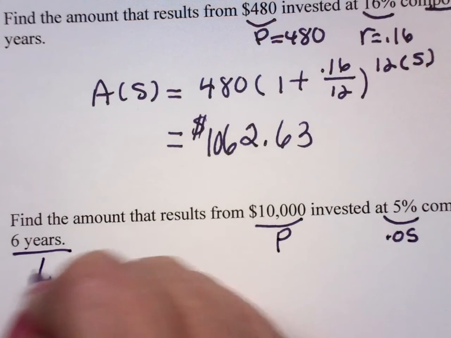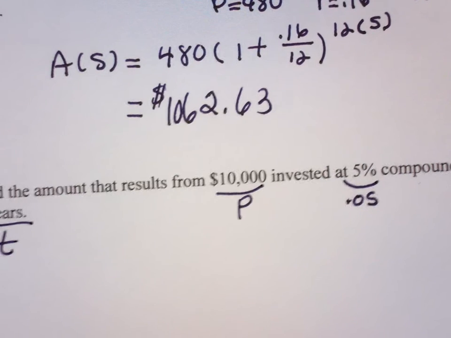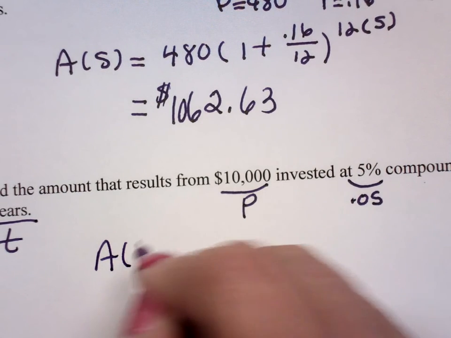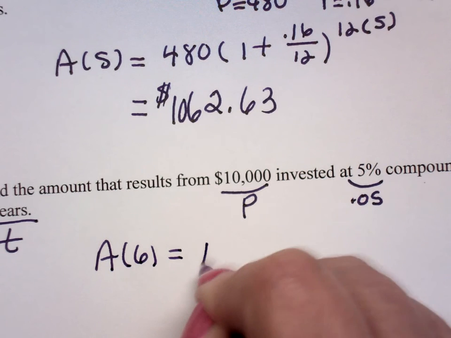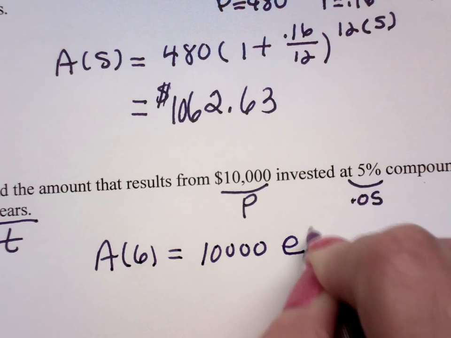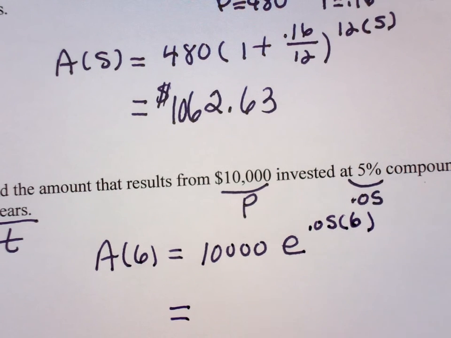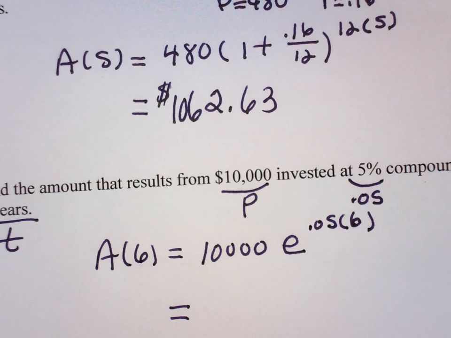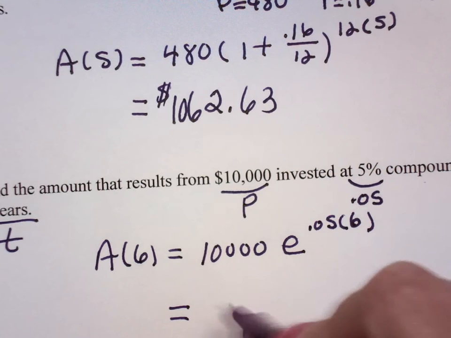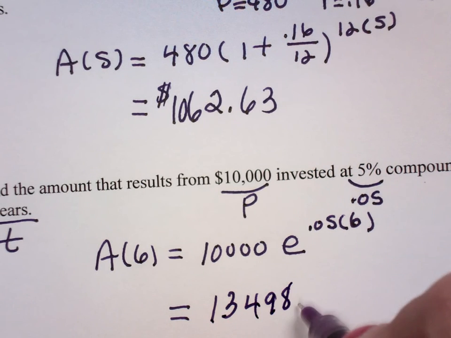And 6 years is T. Now what I'm looking at is this: A of 6 equals P E to the R T. So 10,000 E to the R times T, which gives $13,498.59.